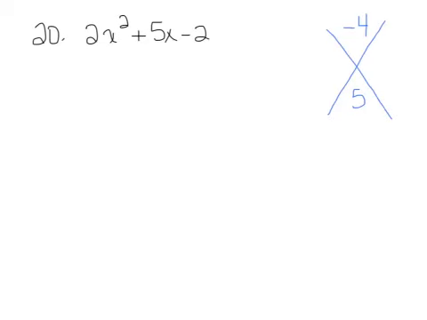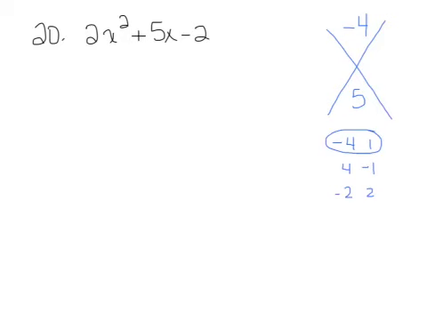In problem number 20, if we multiply 2 times negative 2, we'll get negative 4. So we are looking for factors of negative 4 that will add up to a positive 5. Well, negative 4 and a positive 1, positive 4 and negative 1, or negative 2 and a positive 2 are the only way that we can do this, to factor two numbers to get negative 4.